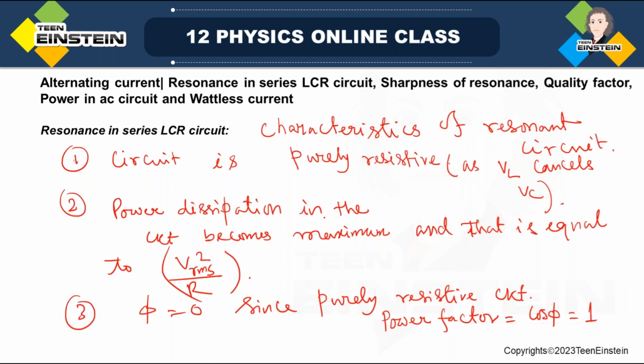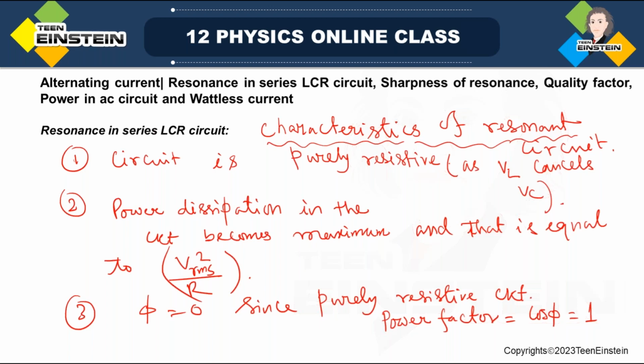If you apply various signals, only the signal with the resonant frequency will be accepted by the circuit.